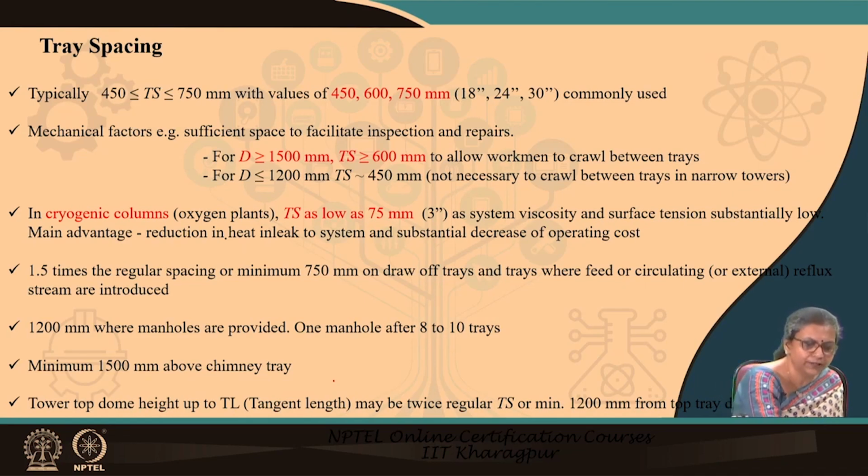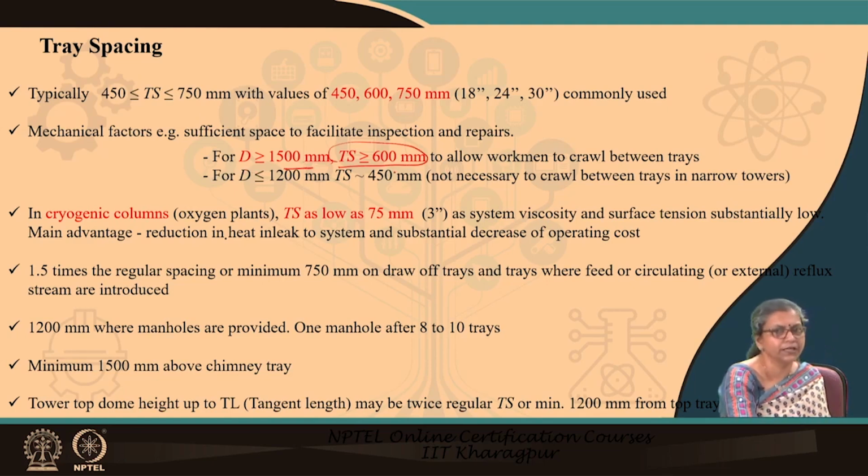We would also like to find out the tray spacing, so that from these we can find out the column height. For tray spacing, certain thumb rules will be discussed in greater detail when we go to the column internals. For now, remember that for diameters greater than 1500 mm, we can assume a tray spacing of 600 mm.